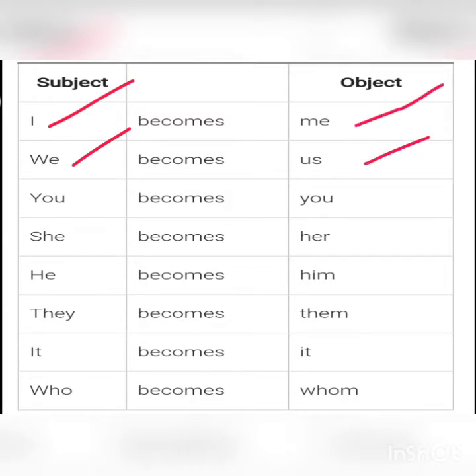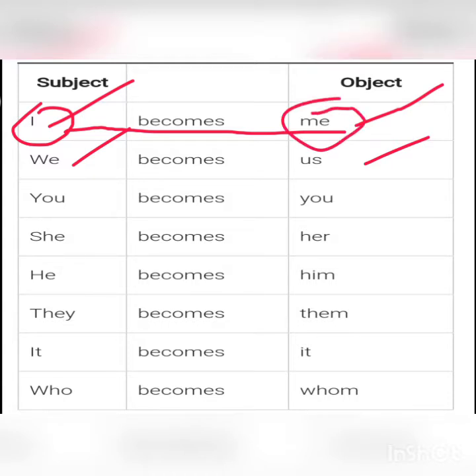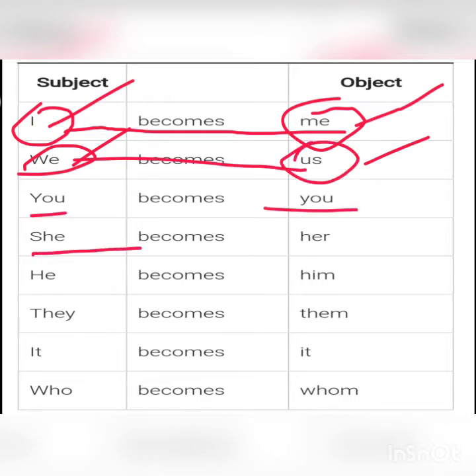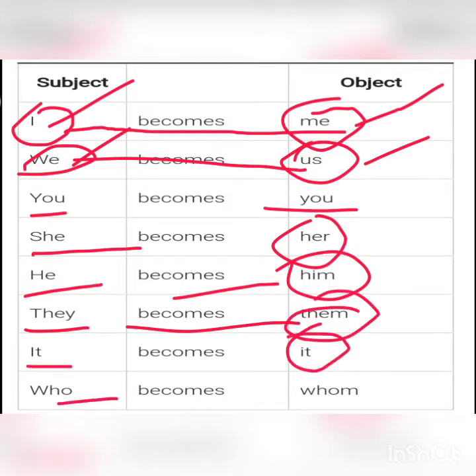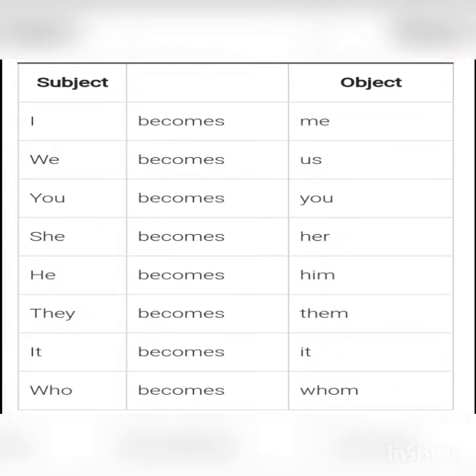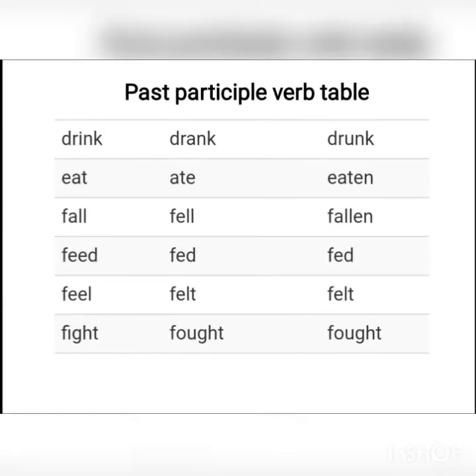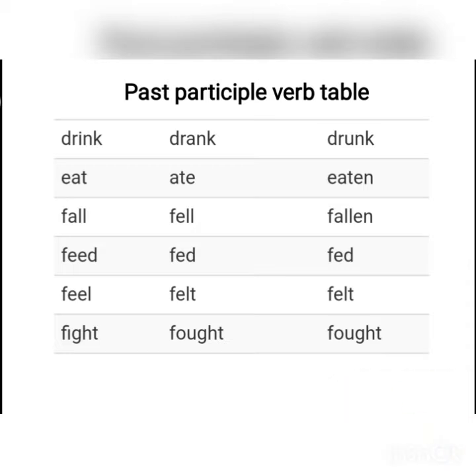For example, if the subject is I in the active voice, it will change into me in the passive form, and we becomes us, and you becomes the same, and then she becomes her, he becomes him, they becomes them, it becomes the same, and who becomes whom.